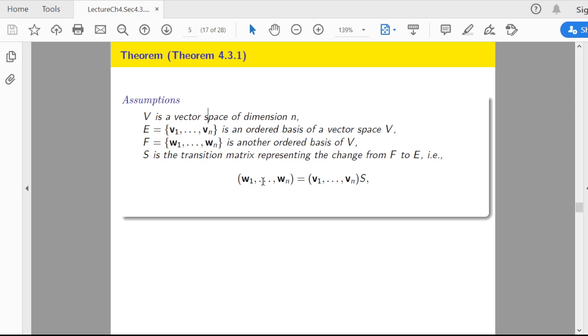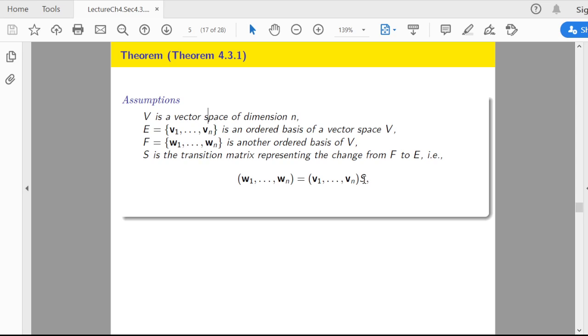Same thing, W2 equals [V1, V2, ..., Vn] multiplied by the second column of S. Then Wn equals a linear combination of V1, V2 to Vn, that is, multiplied by the last column of S.